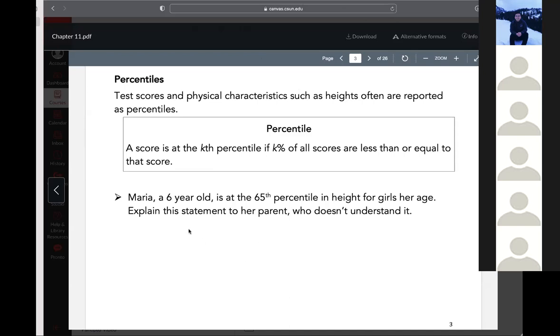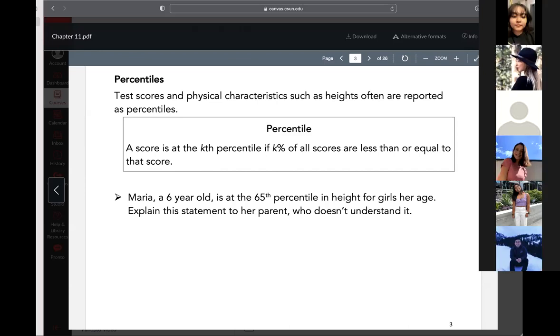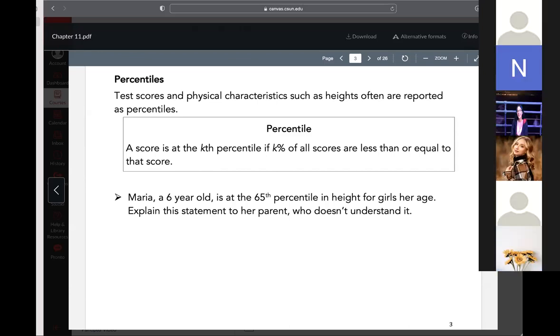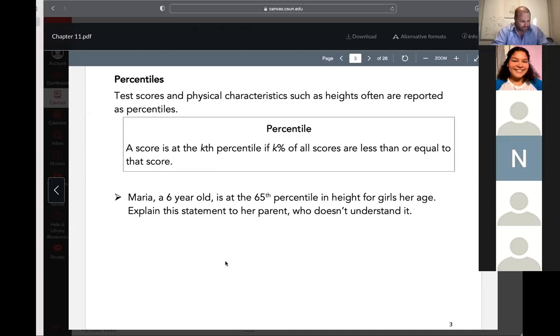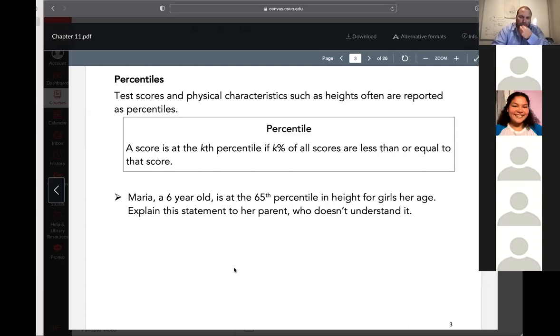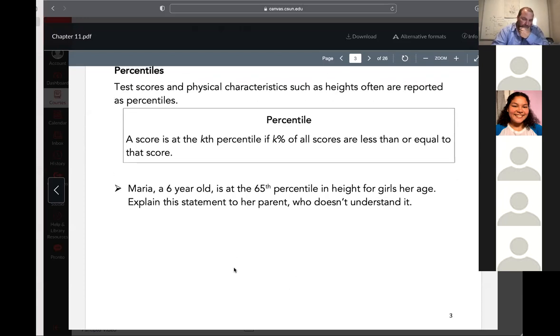All right. So Maria, a 6-year-old, is at the 65th percentile in height for girls her age. Explain this statement to her parents, who don't quite understand it. How would you explain it to a parent? Hey, your kid is in the 65th percentile for height. What would you say? Could it be something like, Maria is taller than 65% of girls her age?